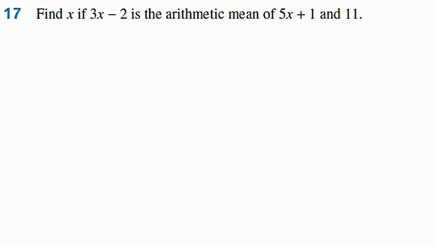But here we go. Find x if 3x minus 2 is the arithmetic mean of 5x plus 1 and 11. So if we try to understand what they're trying to say, well then 5x plus 1, then you got 3x minus 2 is the arithmetic mean. So that means that has to be the middle number, 3x minus 2.